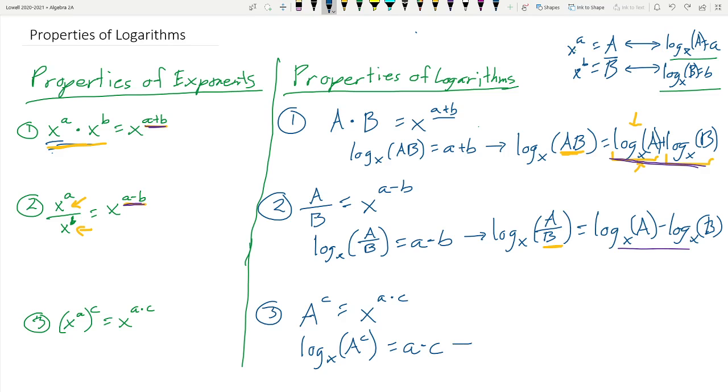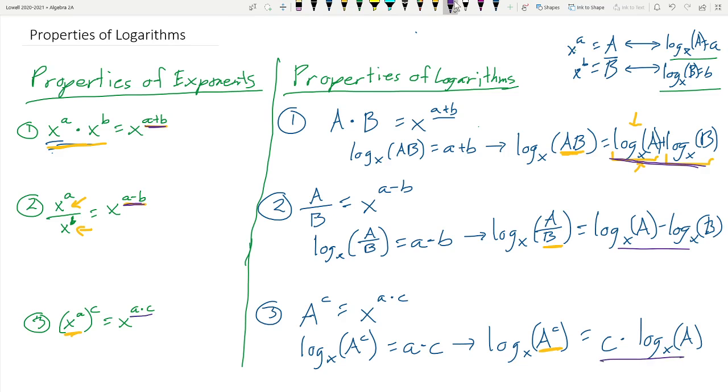So we can just substitute right here, and we can say that log base x of A to the c is equal to, and I'm going to reorder this, put the c in front, c times log base x of A. So once again, if we take the final result of x to the little a and raise that to the c power, that's exactly what this piece is. Then what do we do with the exponents? Well, we just multiply that exponent a with the new one, c.